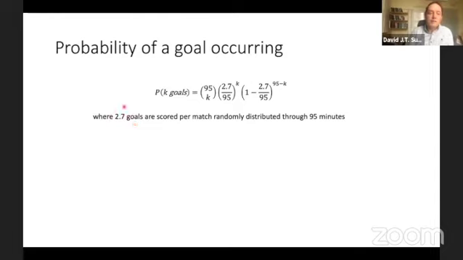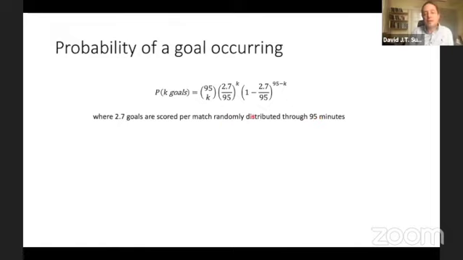It varies a bit, but in one Premier League that I was looking at, there were 2.7 goals scored in a match. And I'm going to assign them randomly between 95 minutes, which might be typical for a football match. Neither of these numbers are absolutely cast in iron, but they're roughly what we see in typical football matches.